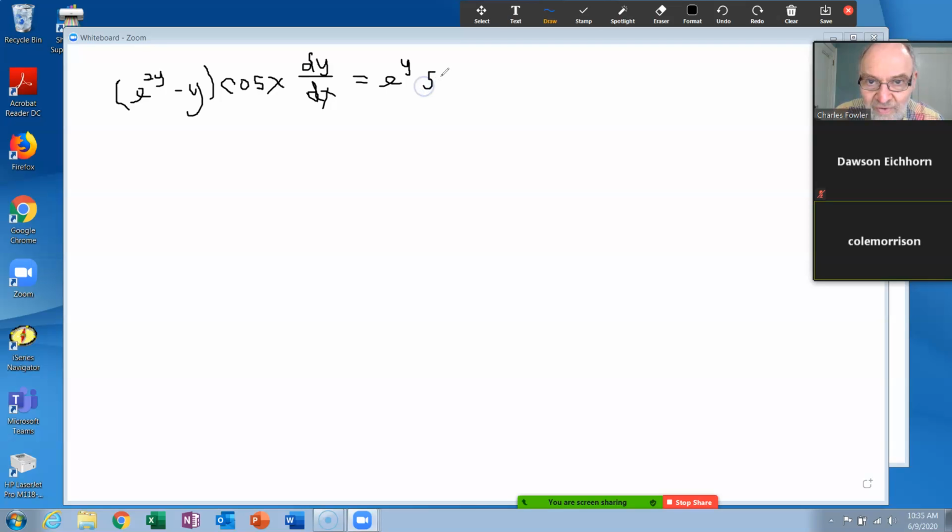This is looking worse all the time, isn't it? I think they've thrown everything into this problem, haven't they? It is an initial value problem, and that's y of 0 is equal to 0. So you have an initial value for y of 0 when x is 0.